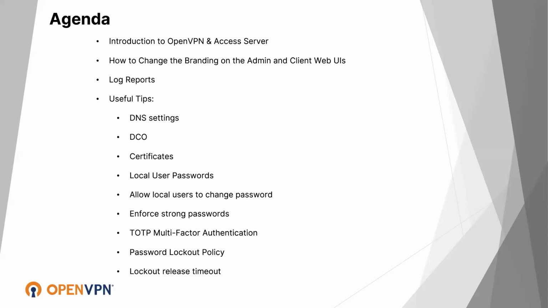We're going to talk about log reports and some other useful tips, such as DCO certificates, local user passwords, and so on. My goal is that by the end of the session, you have a solid understanding of how to tweak these settings and make your Access Server more secure and user-friendly. So without any further ado, let's dive in and start this webinar.